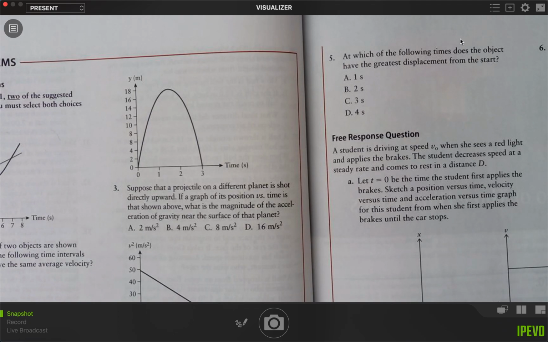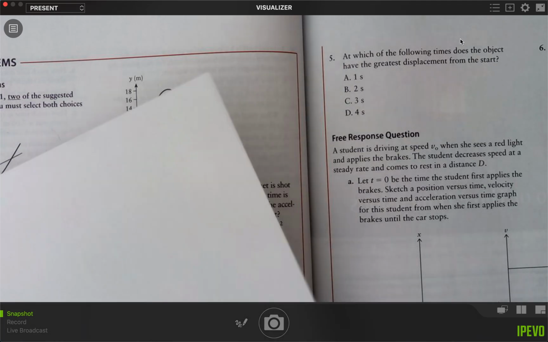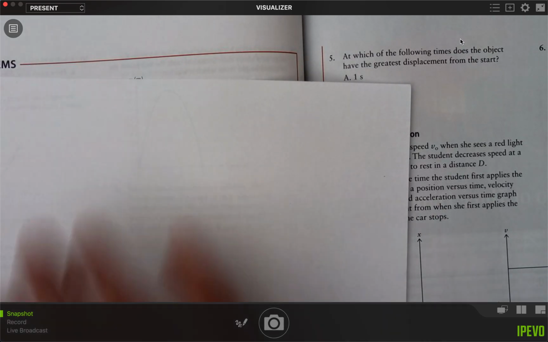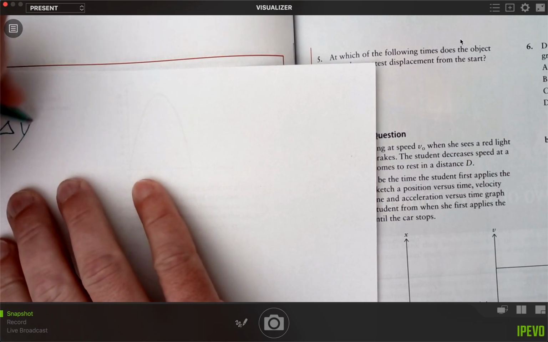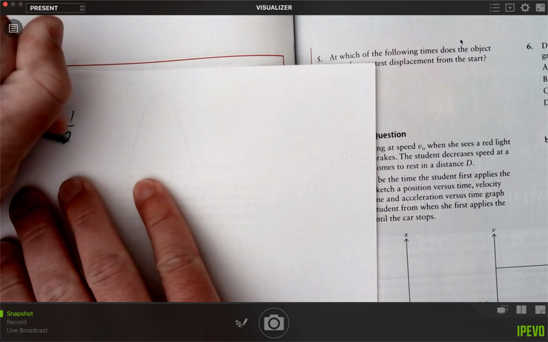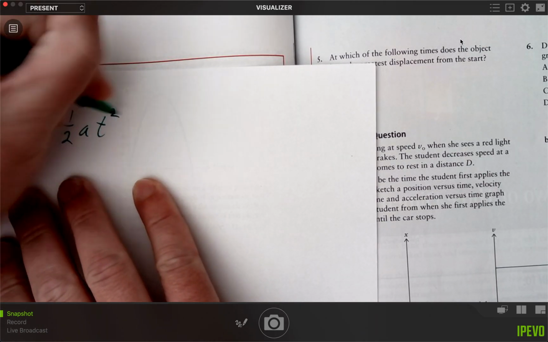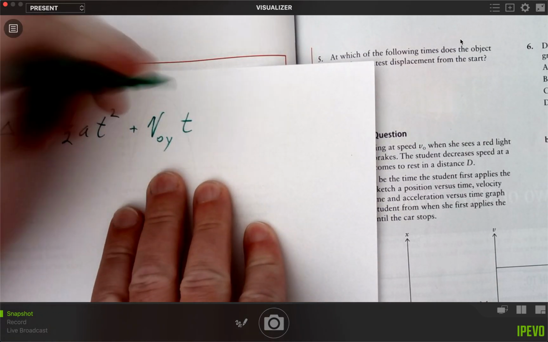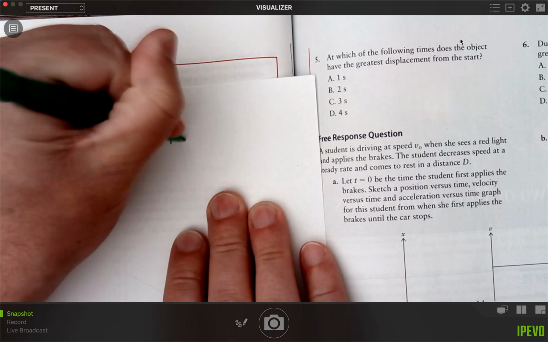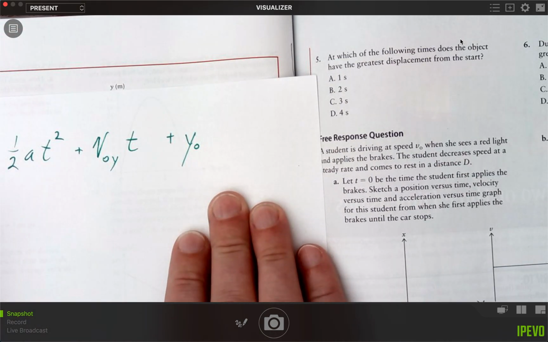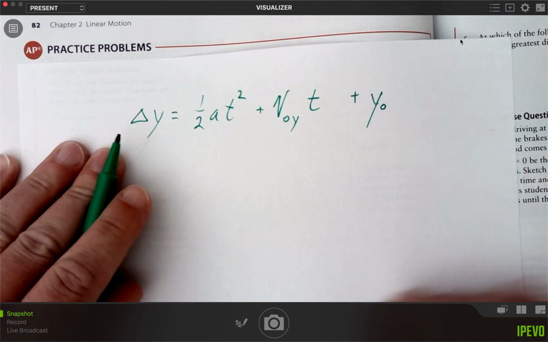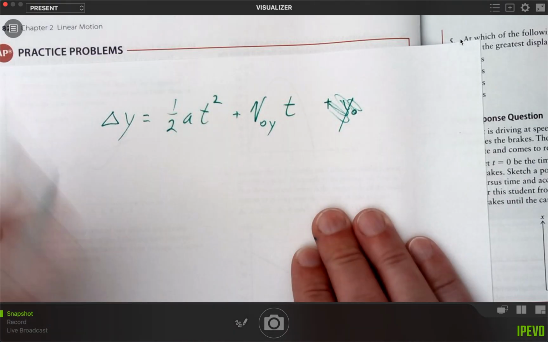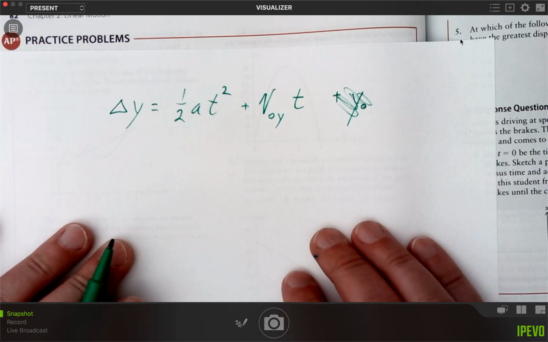So the equation I'm going to use for this is going to be that change in y equals 1/2 a t squared plus v naught in the y times t. I could write out the plus y sub 0, but I'm talking about a change in y, so I'm not going to include this. And it didn't tell us anything about the initial velocity.